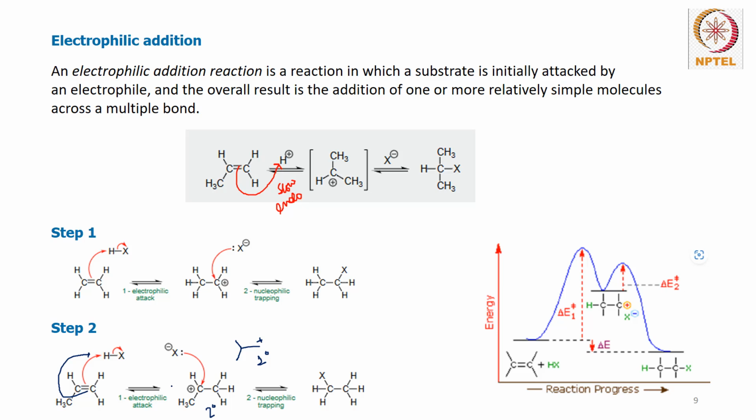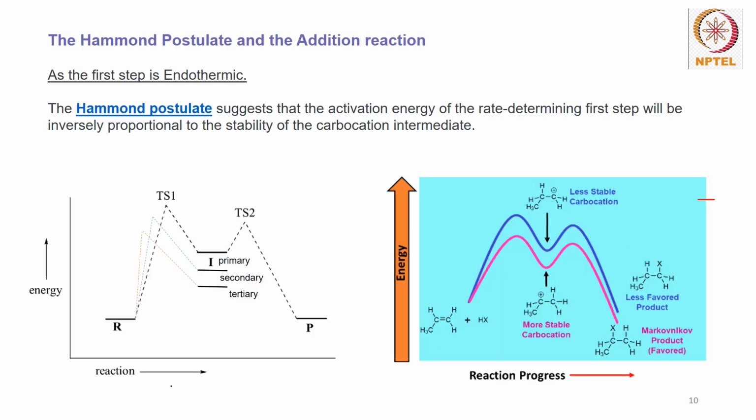So in case of SN1, the tertiary will react faster. That can also be explained by Hammond postulate as the energy gets reduced. And in this case also, similar to the SN1 reaction, the 3 degree will react faster because of the Hammond postulate, as the 3 degree needs less activation energy.